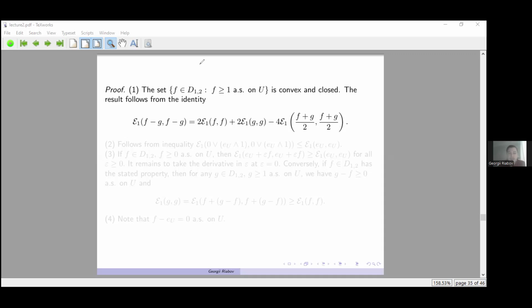Then we can find a minimizing sequence such that E1 of Fn converges to the capacity of U. And consider E1 of Fn minus Fm, Fn minus Fm.